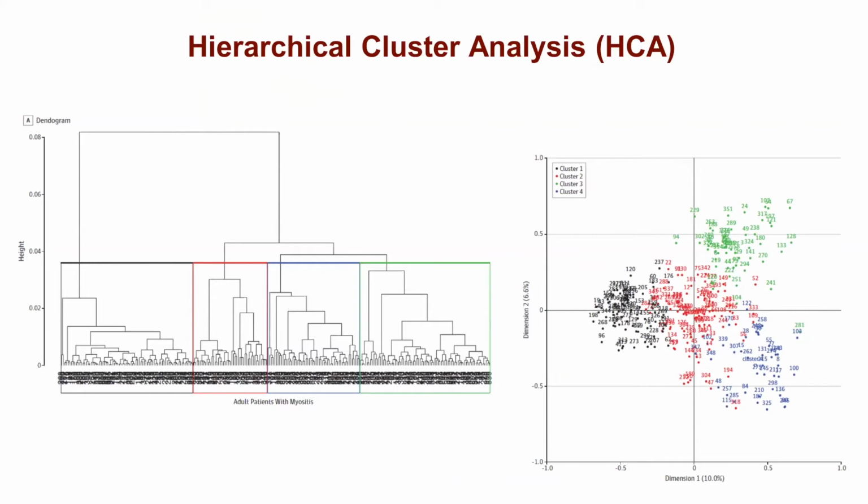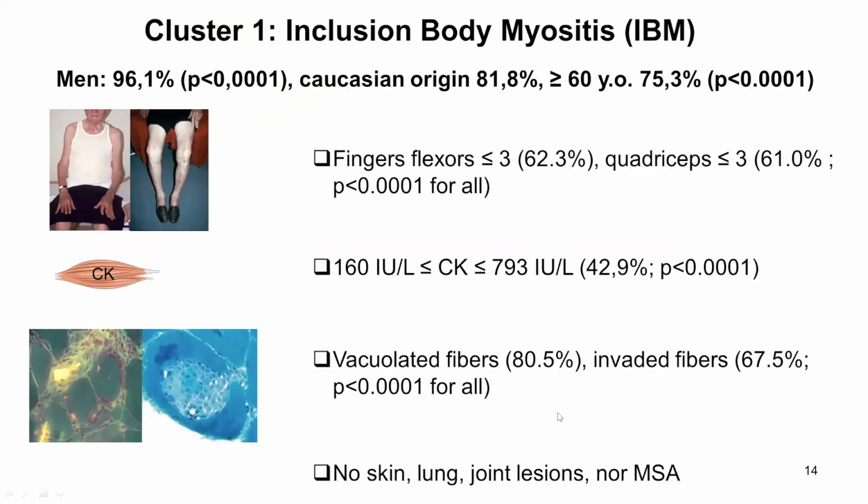And you can observe that there are 4 subgroups. Once again, it's one unsupervised way to clusterize patients. And then you can ask the computer which are the main characteristics of the different subgroups, those with the highest probability to fall in one of the 4 subgroups.